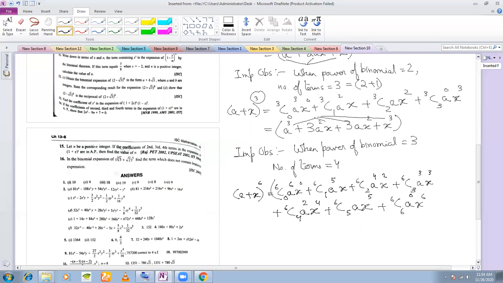Again, if you find out the values of 6c0, 6c1, 6c2, you can get the actual expansion. But you can get the coefficients, in fact.